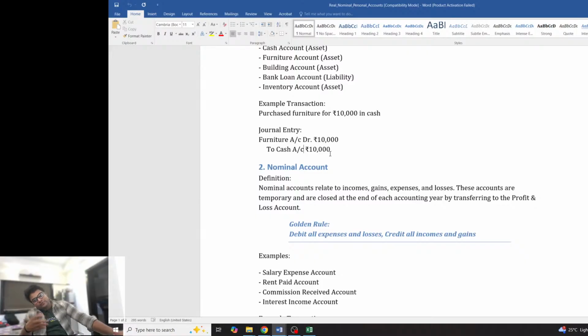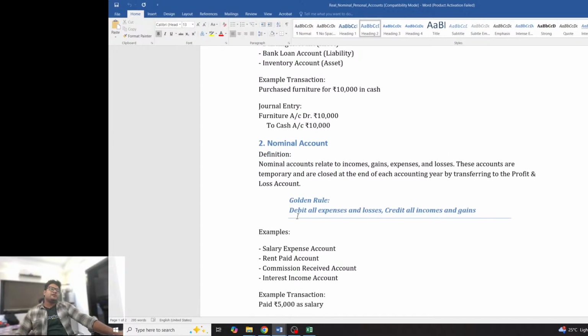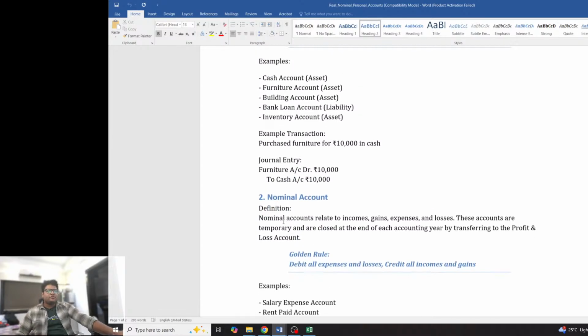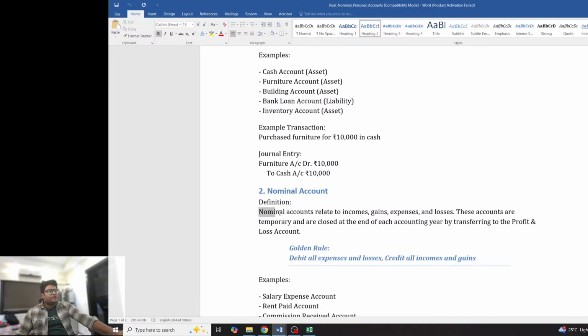Coming to the second point, nominal account. Nominal accounts relate to income, gains, expenses, and losses. These accounts are temporary and are closed at the end of each accounting year by transferring to the P&L account. So the golden rule for nominal account is debit all expenses and losses, credit all income and gains.